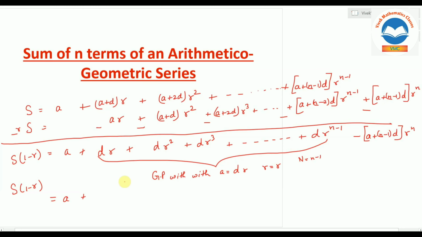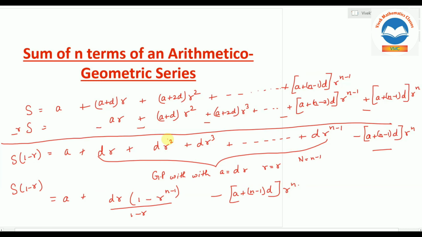So I will write a value is dr into 1 minus r, r only, to the power n value is n minus 1, divided by 1 minus r we will get. Okay, and minus the last term, so minus a plus n minus 1 into d, all multiplied by r to the power n.